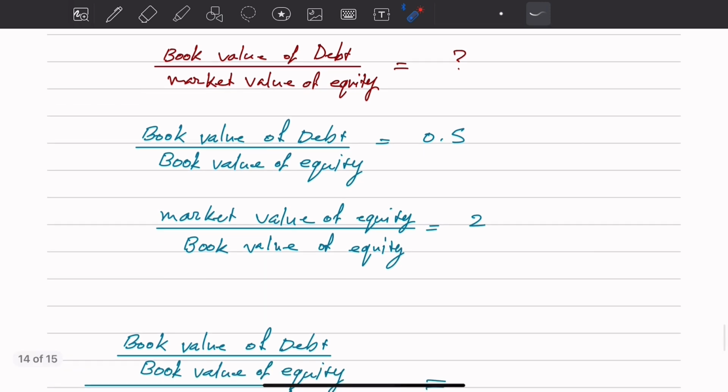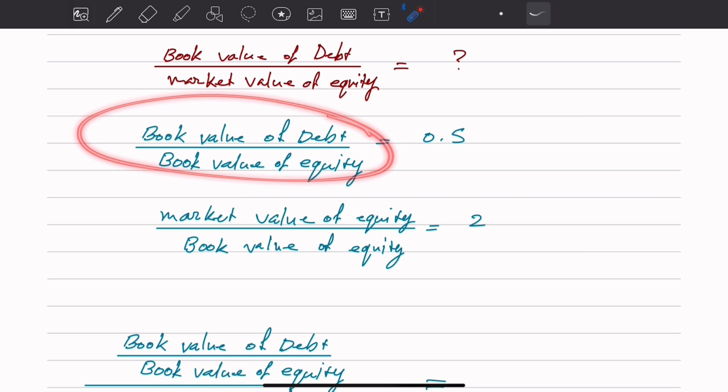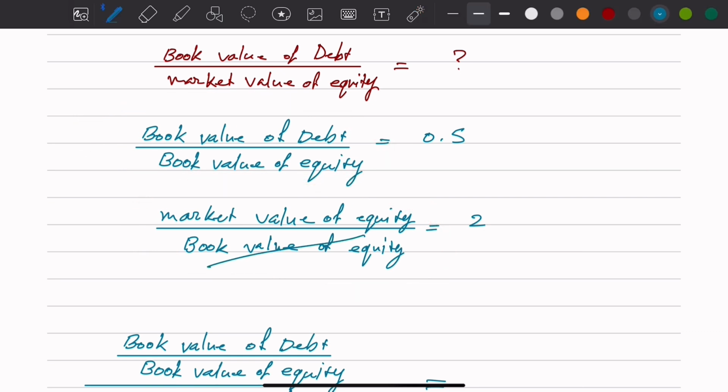But because we have two ratios given to us, we know their values, and we know that to calculate these ratios we have the same term in the bottom for both of them, book value of equity. So if we take one of them and divide it by the other, these terms will cancel each other, and they will leave us with book value of debt divided by market value of equity.